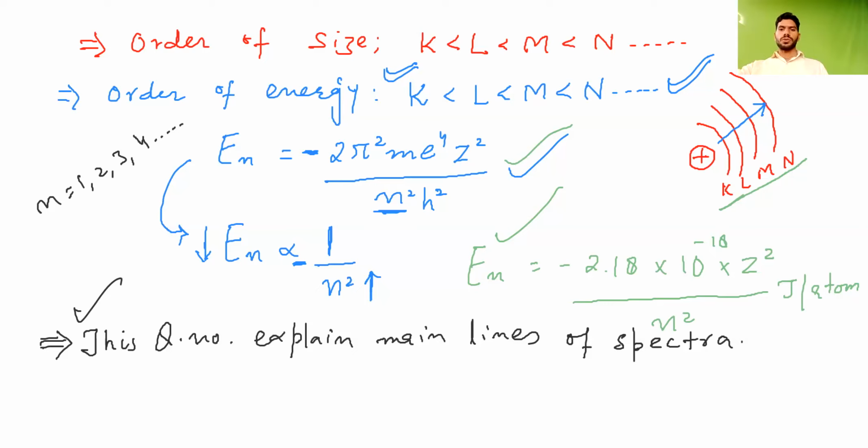Okay, so then let's see the next very important quantum number, that is known as the azimuthal quantum number. It also has other names too. You can remember, one is the azimuthal quantum number.